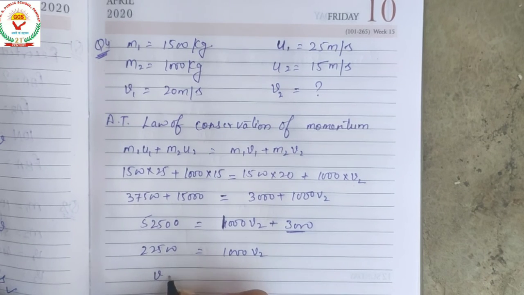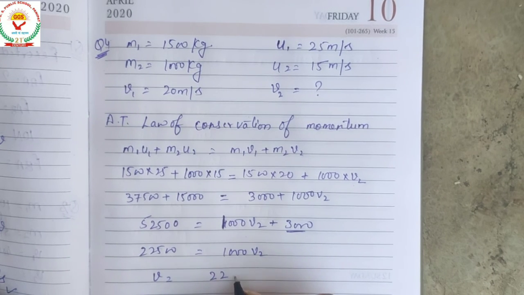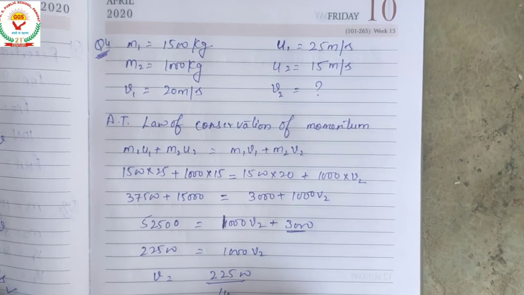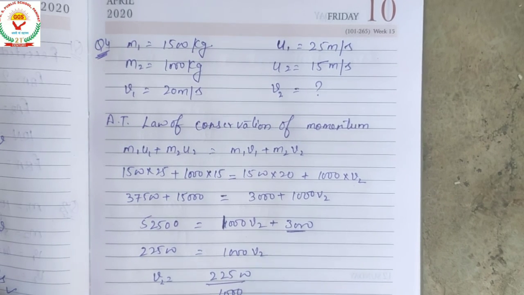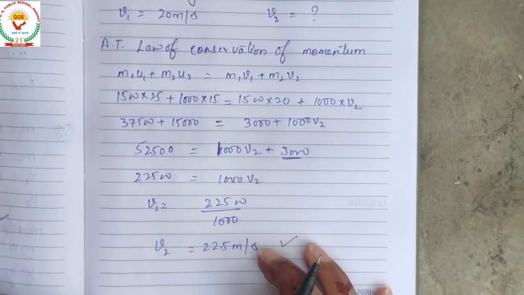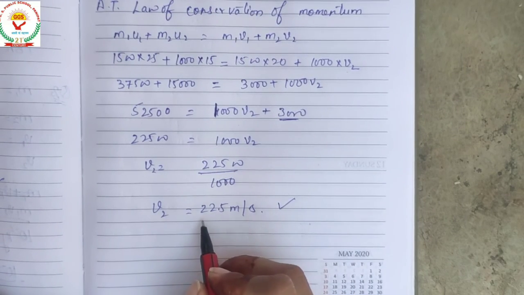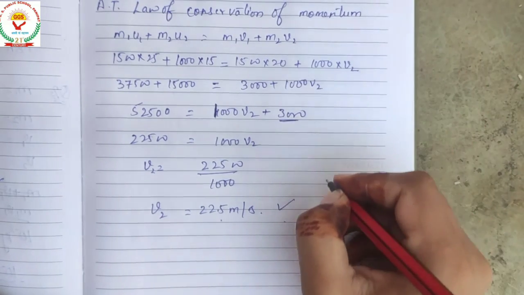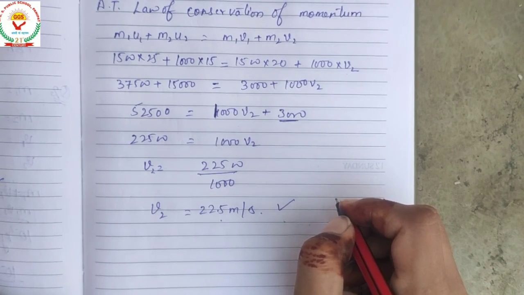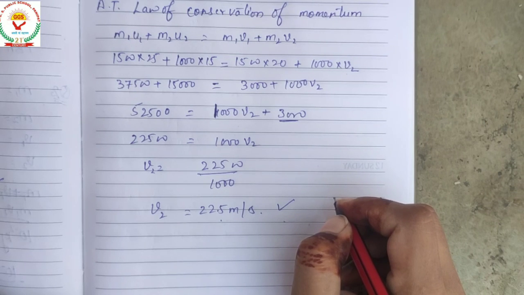On solving, 22500 divided by 1000, V2 will be equal to 22.5 meter per second. So this will be your answer. V2 will be 22.5 meter per second. Okay, so these are the questions based on the law of conservation of momentum. You can now try the exercise of your book.